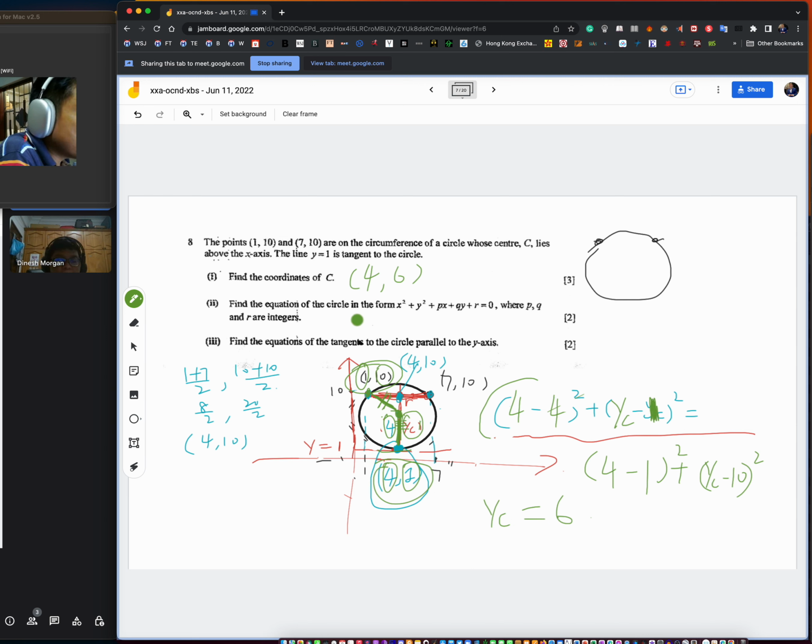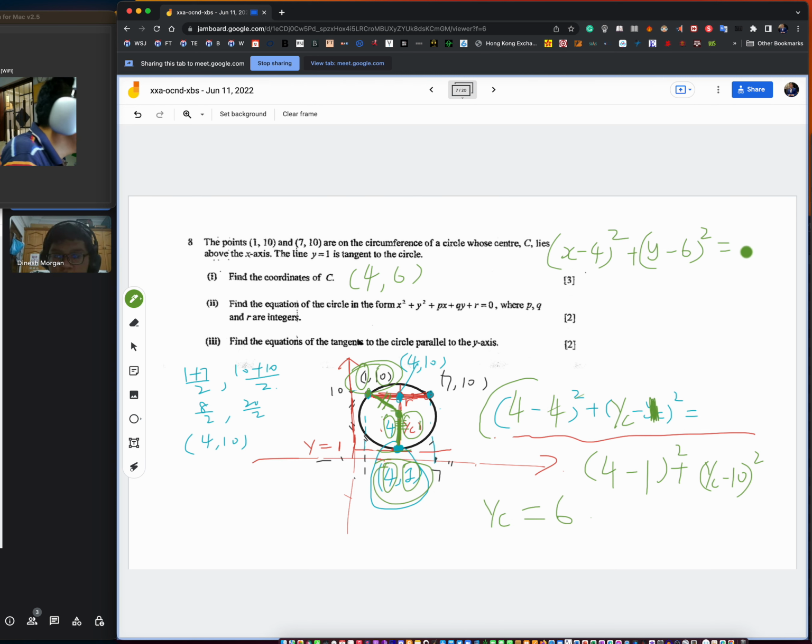Then now find the equation of the circle in the form given. So how do you transform this into this format? You start with completing square. Open up, y minus 6.